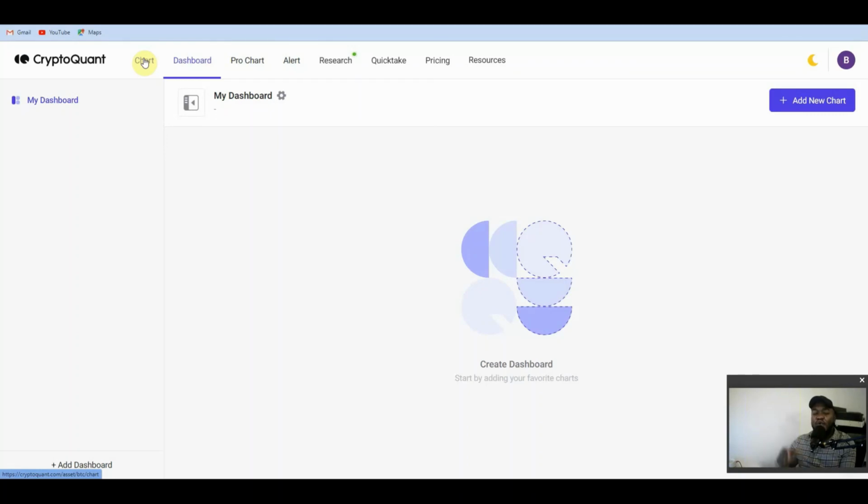When this person sold off his position, the price of the coin was going to fall, and this is exactly what happened. The person sold off, and the price started dumping. But if you don't know how to do this, how will you know that someone sold? How will you know that a big investor is holding this amount of coin in his wallet? That is the benefit of on-chain analysis. And that is it for on-chain analysis today.